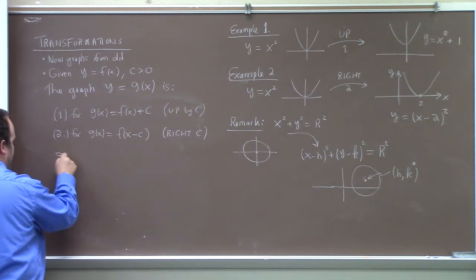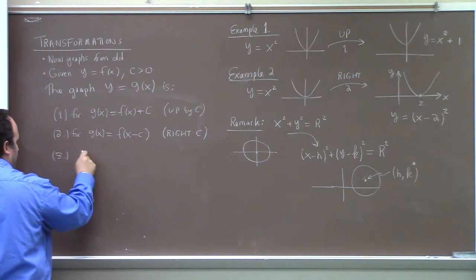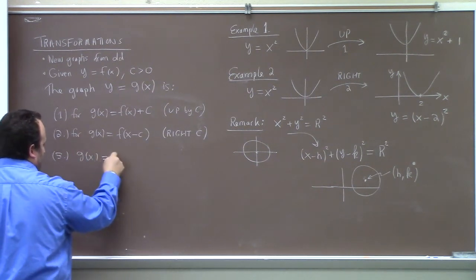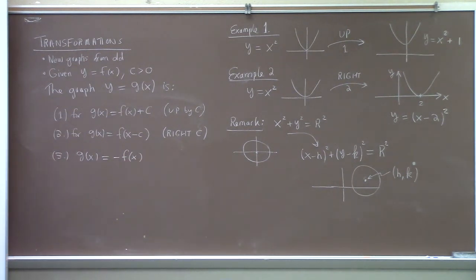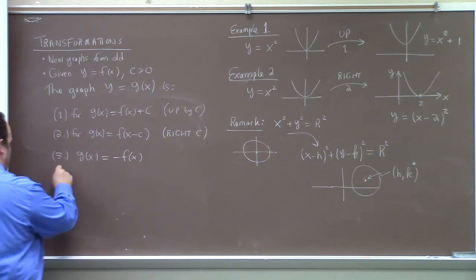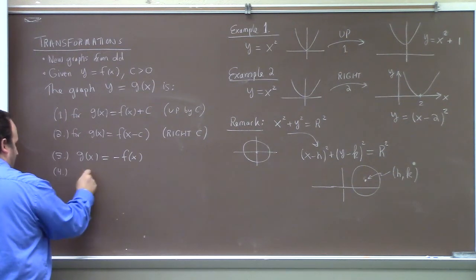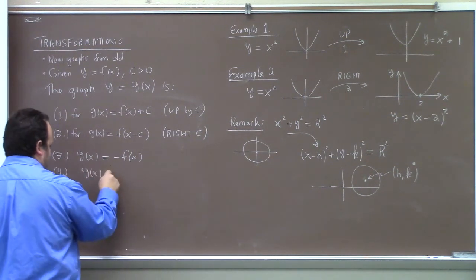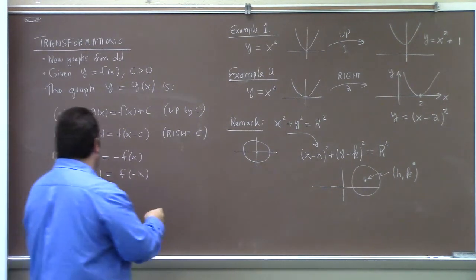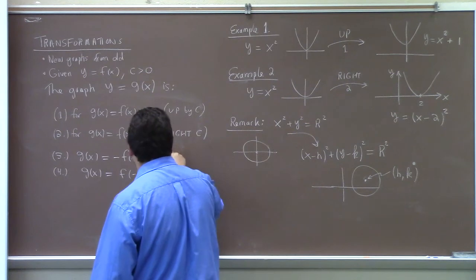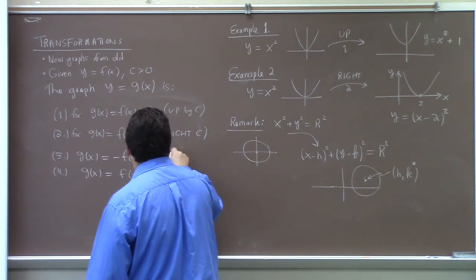My apologies. 3, we could look at g of x equals minus f of x. This is what? And we could look at g of x equals f of minus x. What was 3? It flips what?